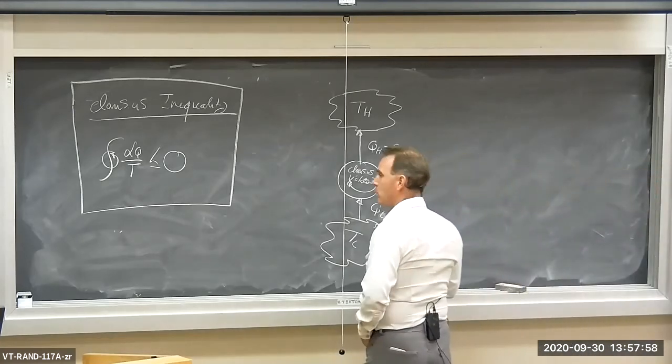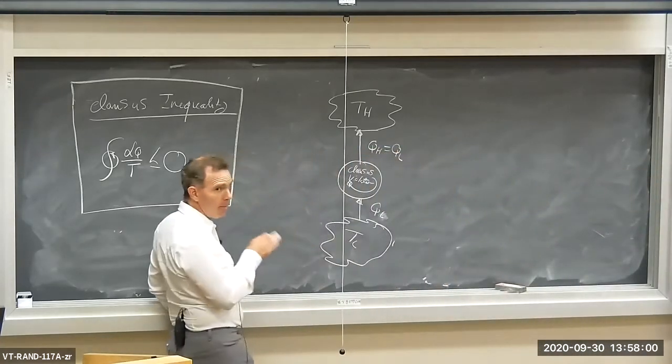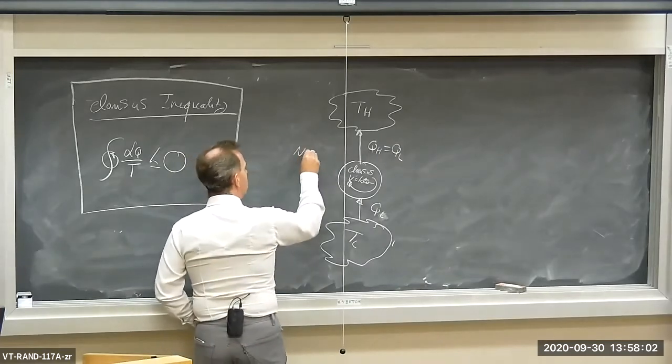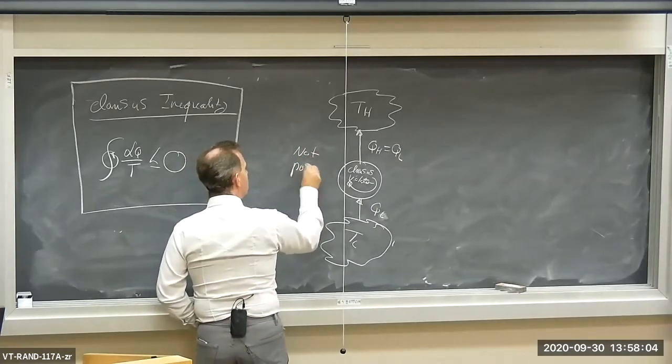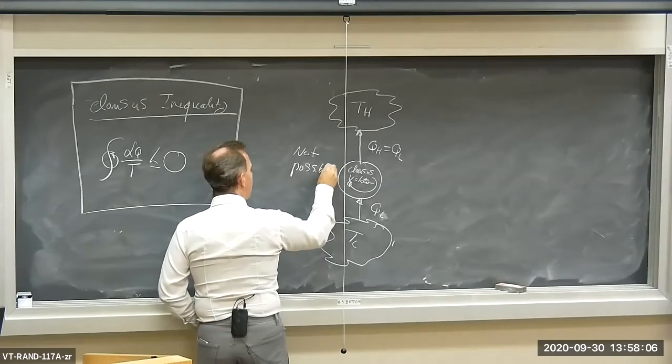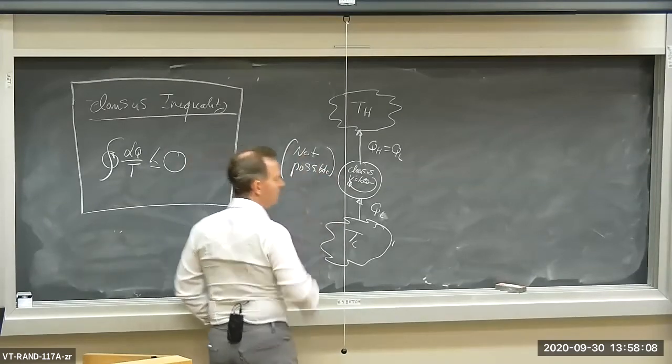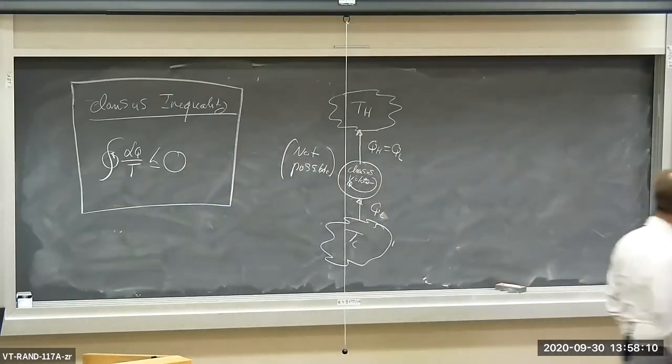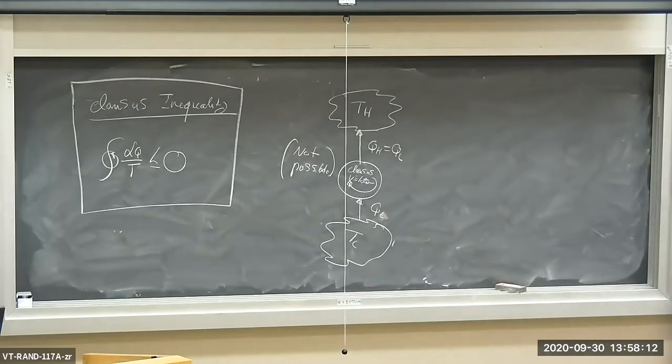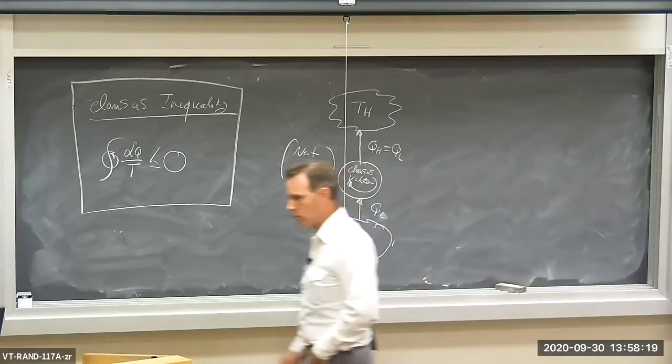So make sure you understand here, this thing is impossible. Not possible. I'm going to put that in parentheses just so we're clear about that. Okay, that thing is not possible. It's a Clausius Violator. It violates the second law of thermodynamics, Clausius version or Clausius statement.